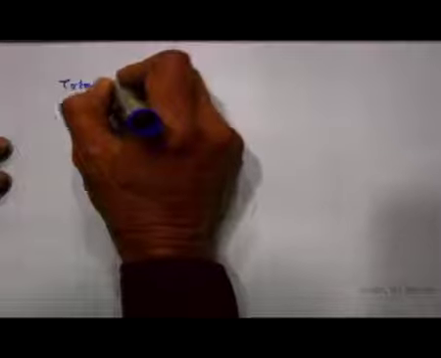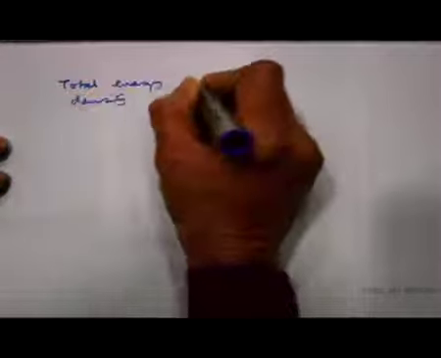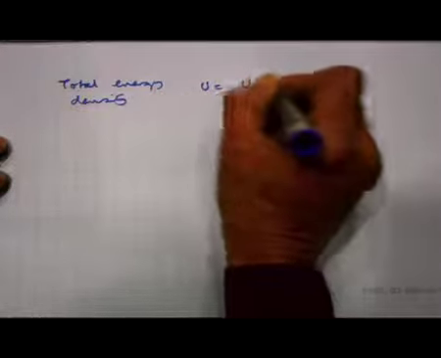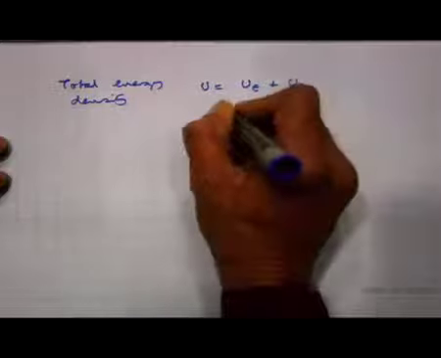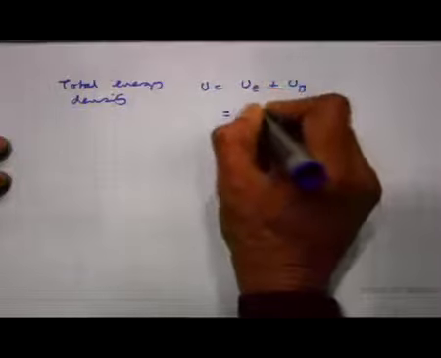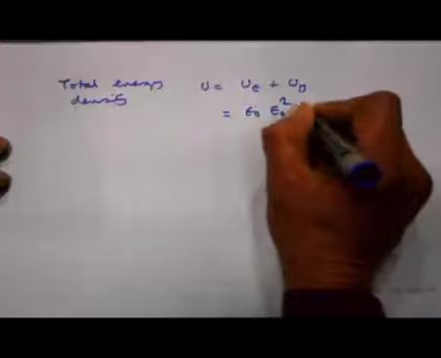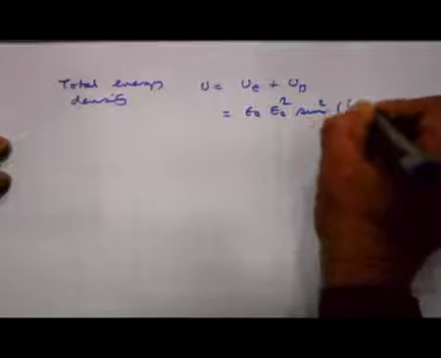So, I can write the total energy density u is equal to u e plus u b, which becomes equal to epsilon 0 E naught square sin square (k z minus omega t).